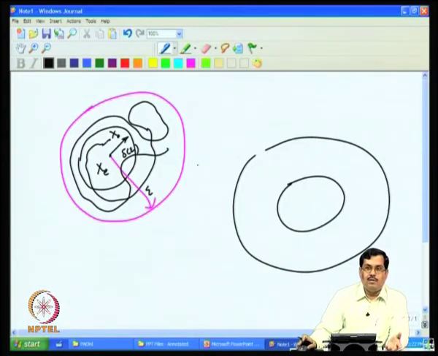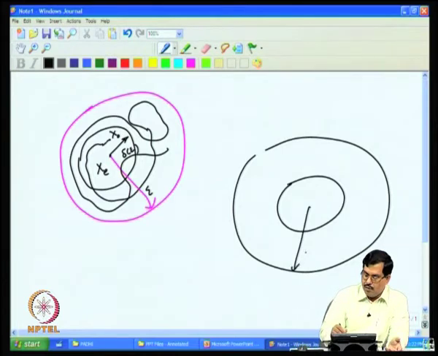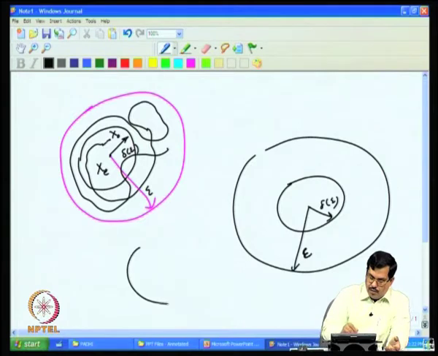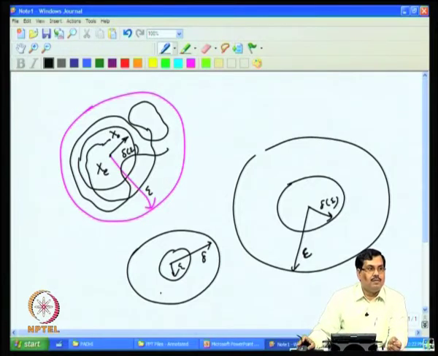It may also happen that delta is larger and epsilon is smaller. It does not say that epsilon has to be smaller than delta or delta smaller than epsilon. Even if you start with a smaller bound and eventually stay in a larger bound, the equilibrium point is stable.